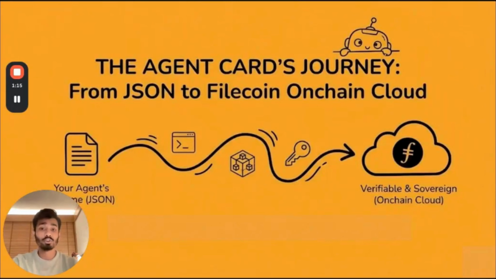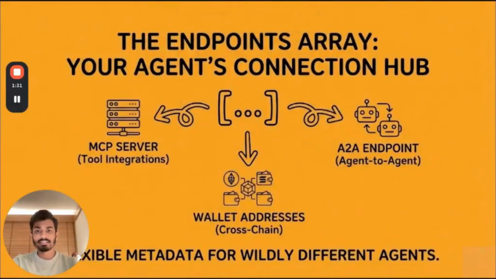The format just follows the ERC-8004 specification, which means there's a standard structure that any system expecting to work with agents can parse and understand. Inside this JSON, you have got the basic fields like name and description, but the most interesting part is the endpoint array.